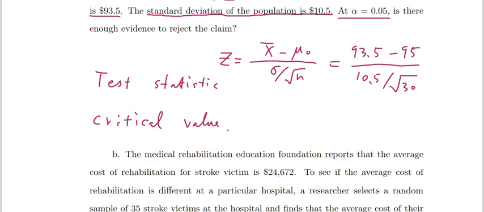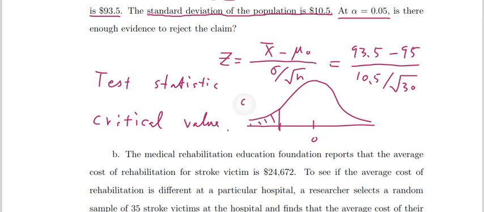So suppose this is the cutoff point, and this is the z value. Here's 0, and the z value is here. So this is the p value or critical value. For the critical value, we just check where the cutoff point of 0.05 is.